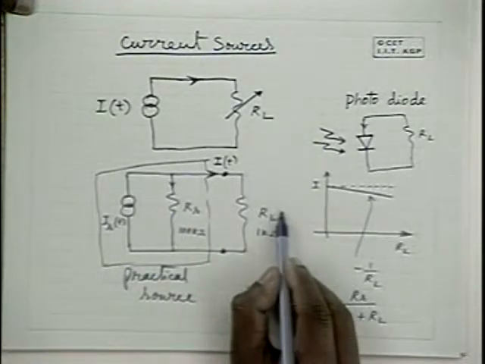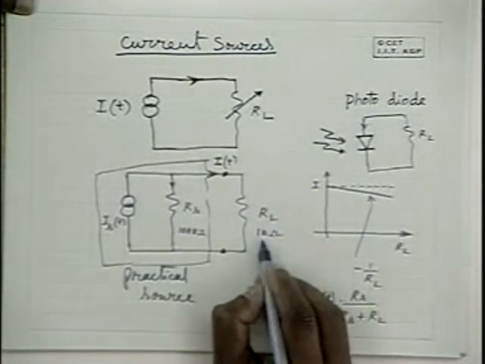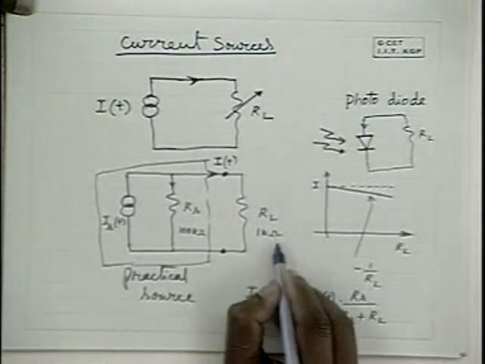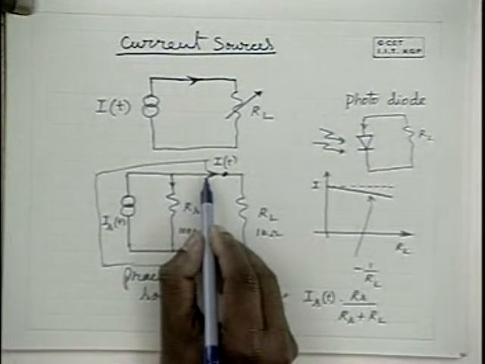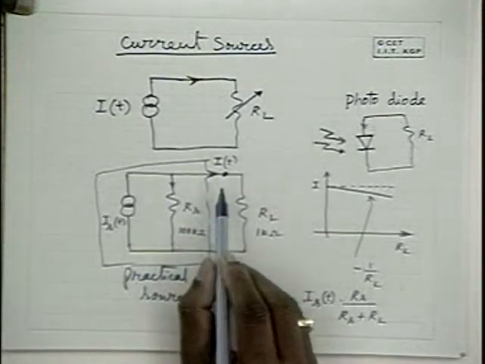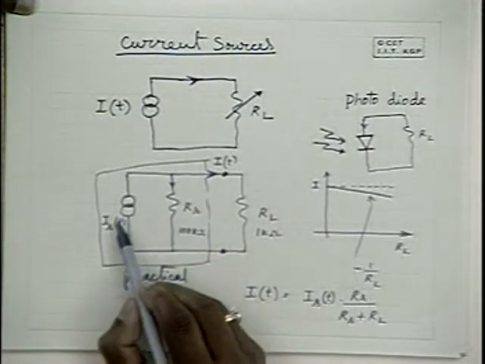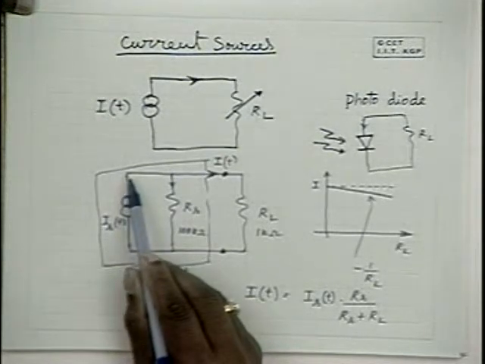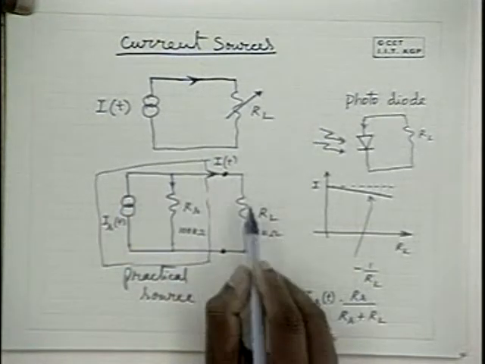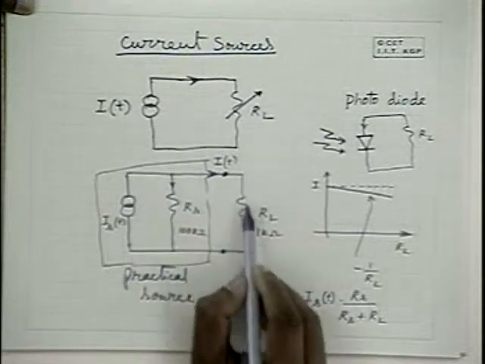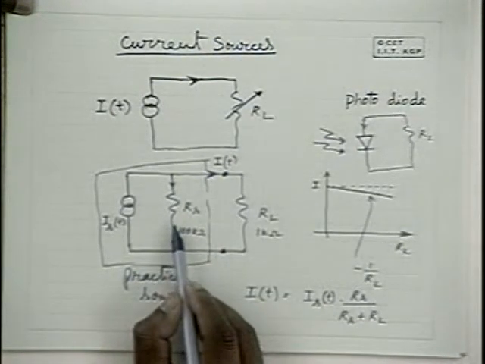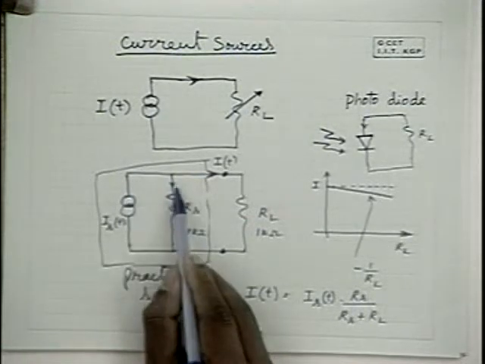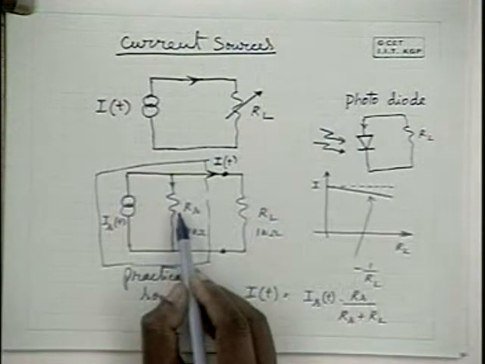Now if the resistance drops to 500 ohms, how much change would you expect if this current is say 1 milliampere? The ratio is 200:1, so the current which flows through this would be reduced to half.